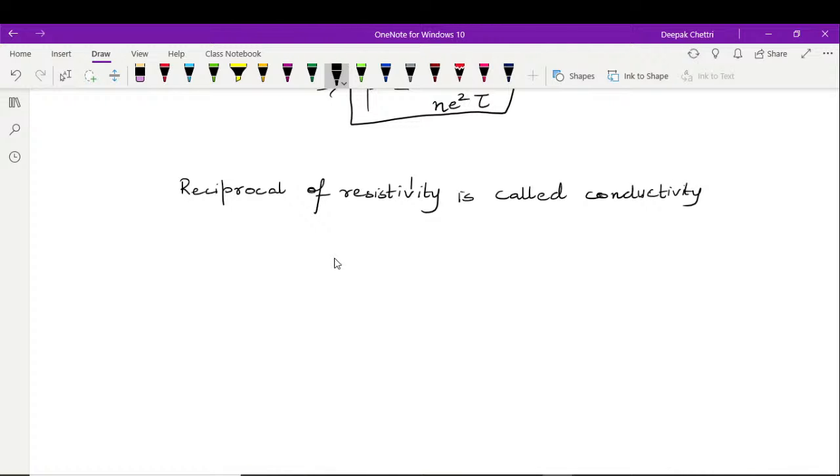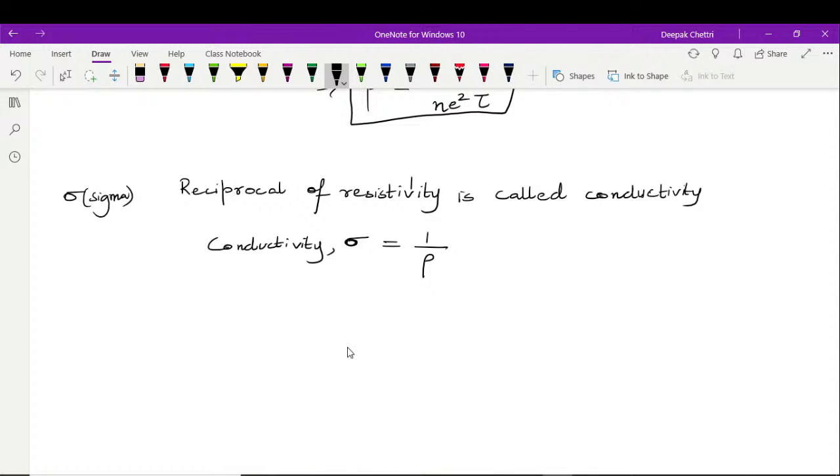Okay, and reciprocal means what? 1 by rho. So this is called conductivity, and it is denoted with the symbol sigma. This symbol is a Greek alphabet again, called sigma. This is called conductivity, and it is the reciprocal of resistivity.